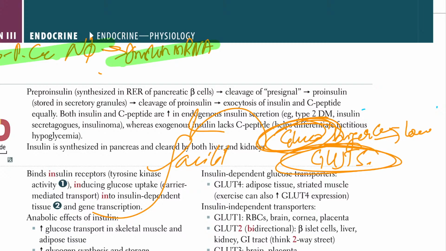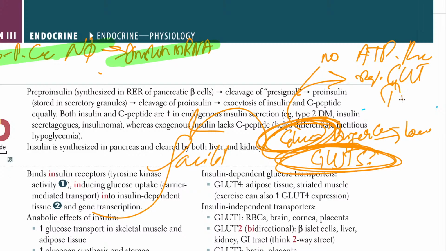It's a facilitated diffusion, but no energy is required, meaning no ATP, but it needs a carrier protein, which is the GLUT. So glucose requires GLUT transporters.